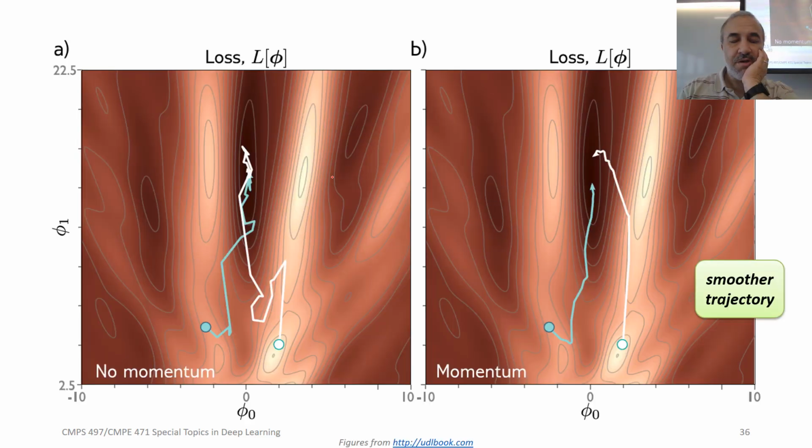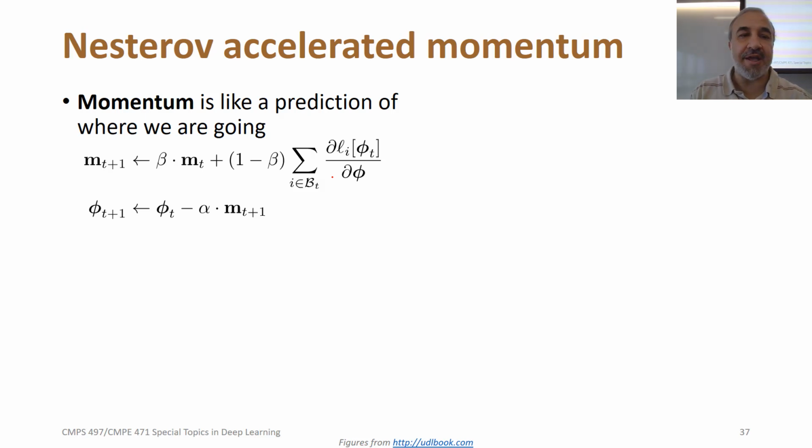The last one that we will discuss now is Nesterov accelerated momentum. So this is a change over the momentum idea. What is the idea here? The momentum is like a direction based on all the history, right? So it's like the prediction. If now I am at one point in one iteration, will the direction that I will take next be very different from the history? No, right?